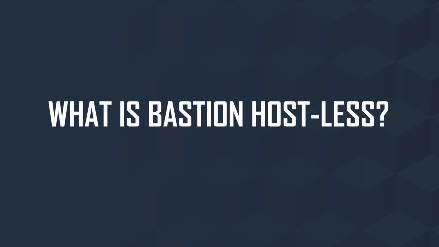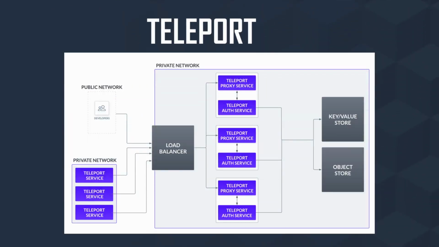I want to talk today about Google Identity-Aware Proxy. That's not my topic today, but I will try to show you another solution for AWS. One of the solutions is Teleport, and Teleport is an independent solution. You can go to the Teleport page, and they allow you to connect via a public load balancer, and this public load balancer can contact a proxy service which talks with an authentication service, and the authentication service talks to a key value store, the object store.